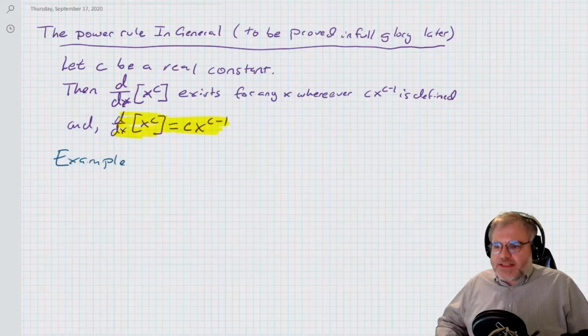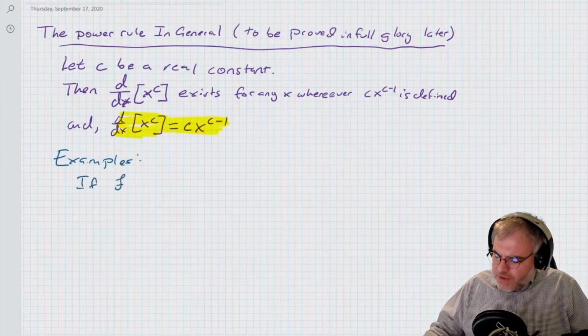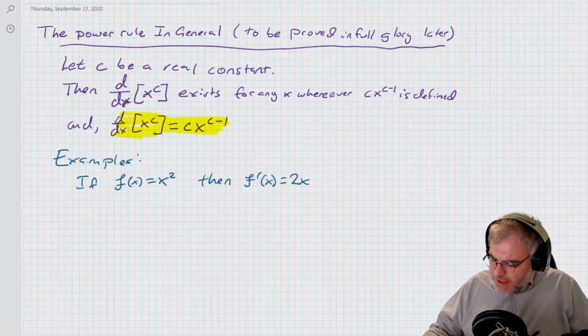We already did this a couple times. If f of x equals x squared, then f prime of x equals 2x.